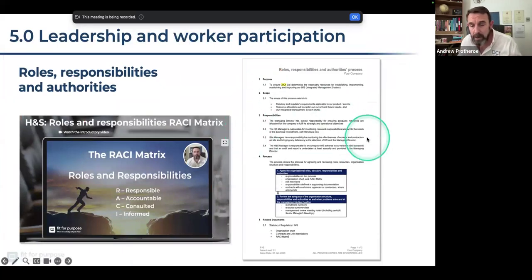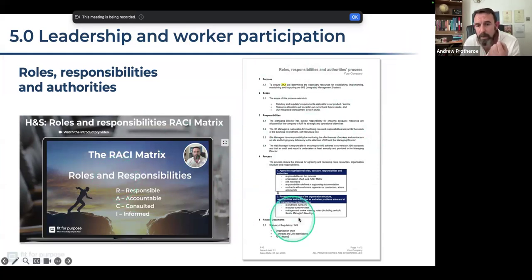Do we have a document for it? It's worth having. Do we need one? No, we don't. I always guide clients to have one. Why? Because it gives us something to go back to, something to review, something to guide the rest of the team. And if somebody leaves the organization, business continuity, you've got this in place. The RACI matrix is a free one on the Fit for Purpose website.